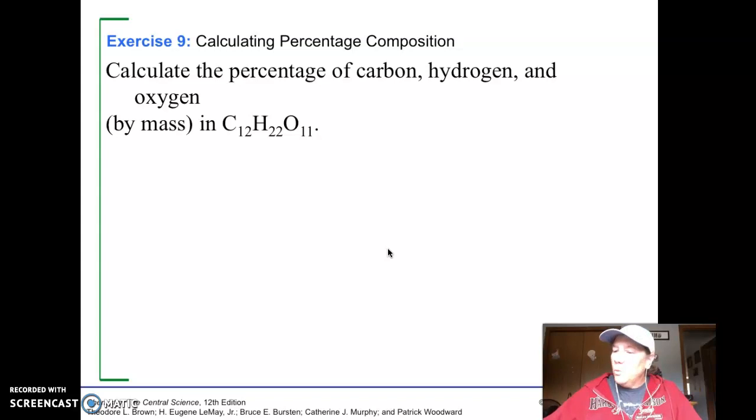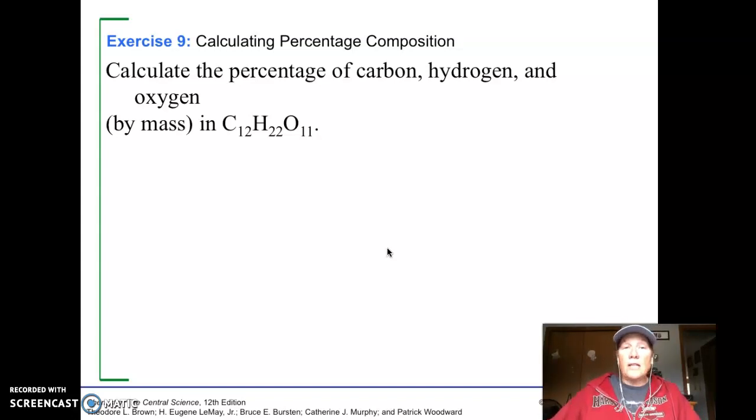So if I take 144 divided by 342, I get 0.421, so 42.1% is carbon. For the hydrogen, I would take 22 and I divide by the total, 342, and I would get 0.064 or 6.4%. Remember, we've got to move that decimal over 2.